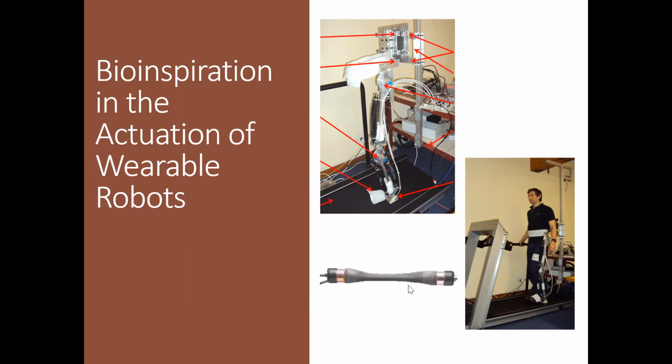So these rubber tubes, when they are inflated, they would contract and would expand when they are exhaled. So we use such kind of actuators which are quite close to our skeletal muscles. When we plot their actuation, it comes out that their actuation is quite similar to our skeletal muscles.